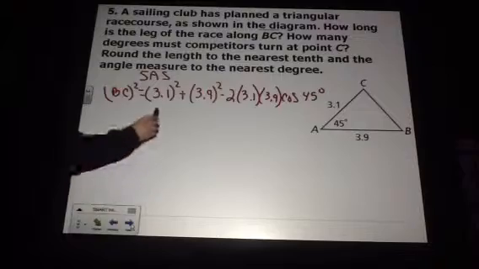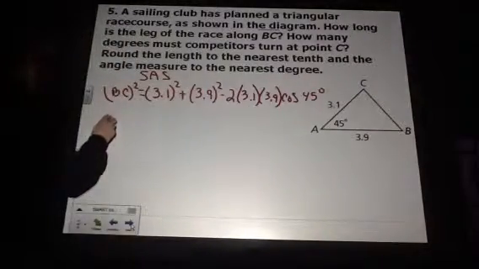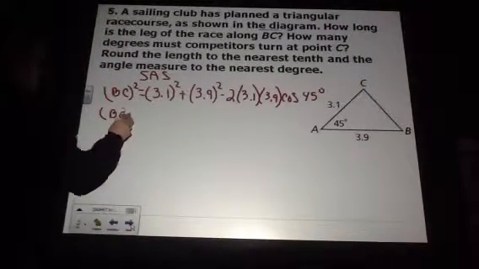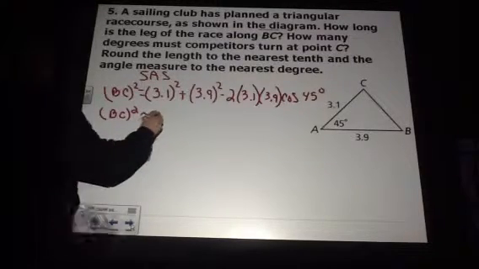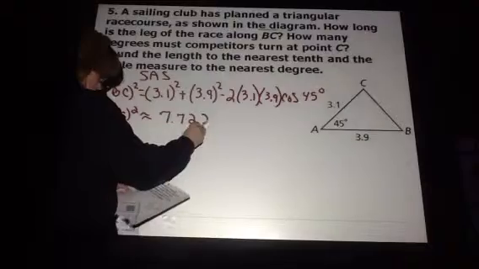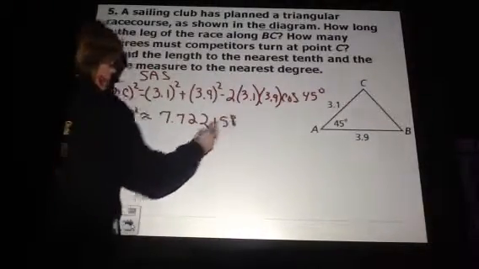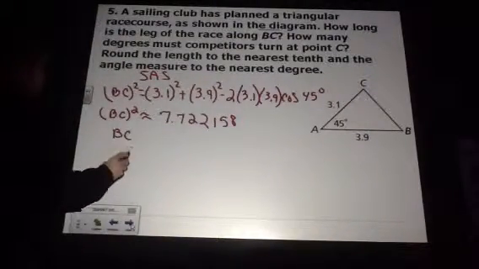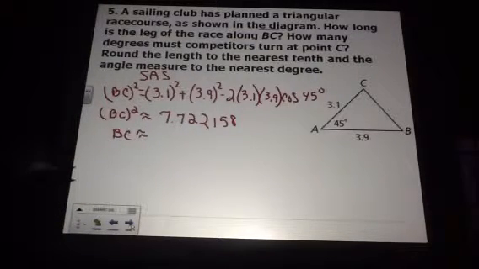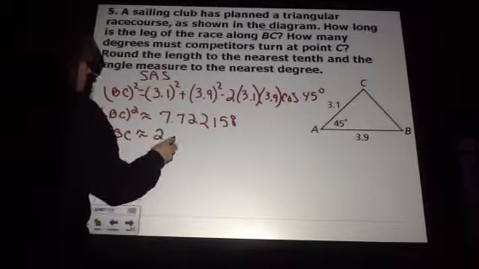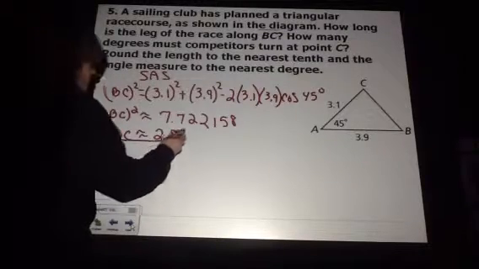Okay? So go ahead and key all this in your calculator, and you're going to get BC squared approximately, and take the square root, and we are rounding to the nearest tenth, so we get 2.8. So there's our BC.